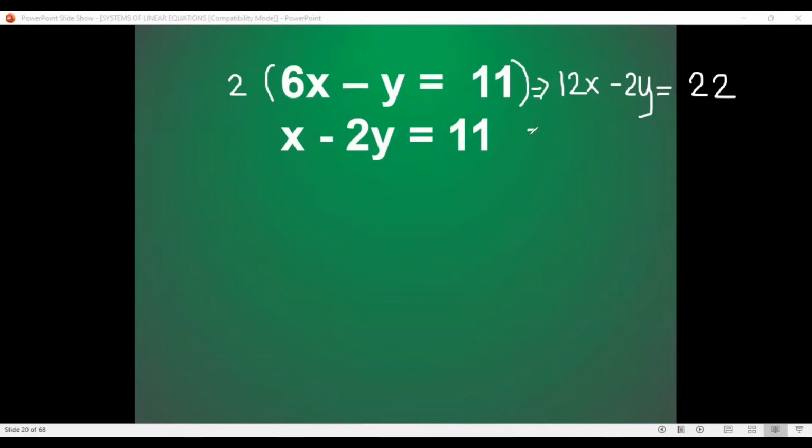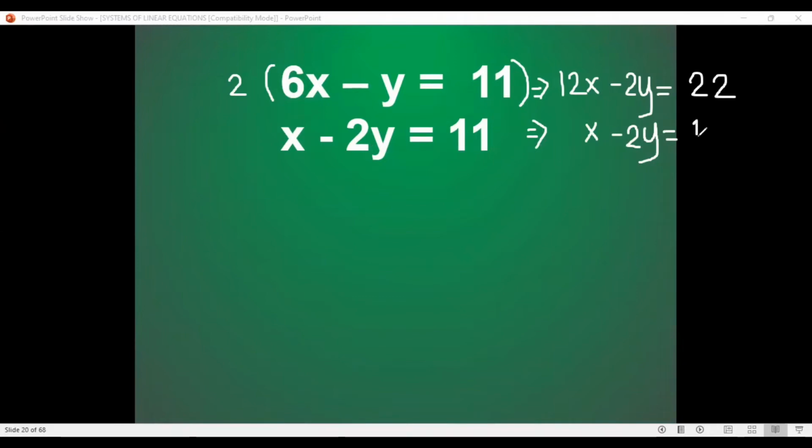Now, we have here your second equation, x minus 2y is equal to 11. Since we already have a negative 2y here, our aim, which is to eliminate the y, can already be done because we can eliminate this by subtraction.